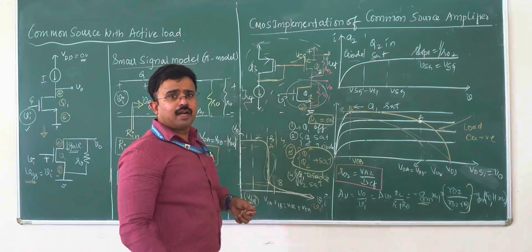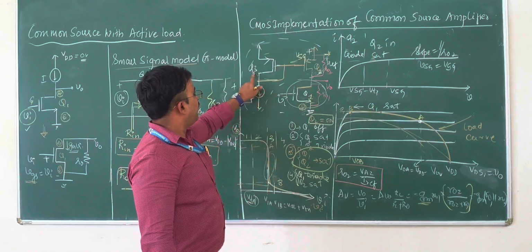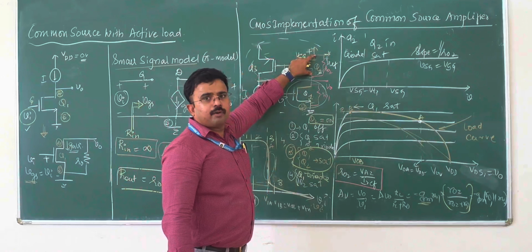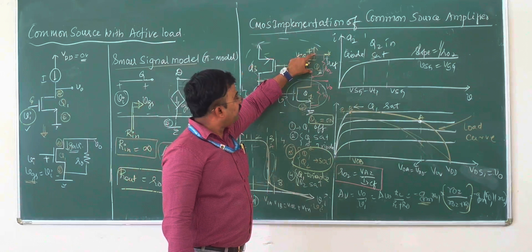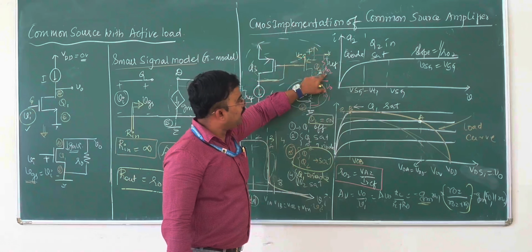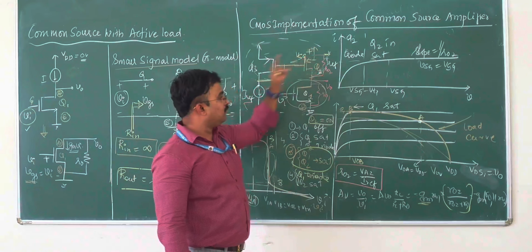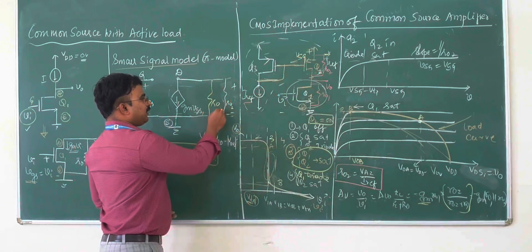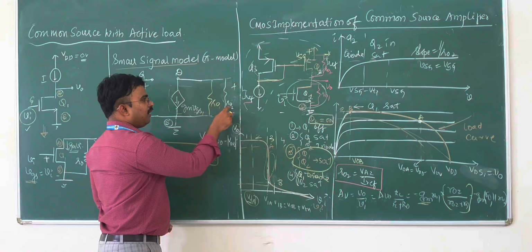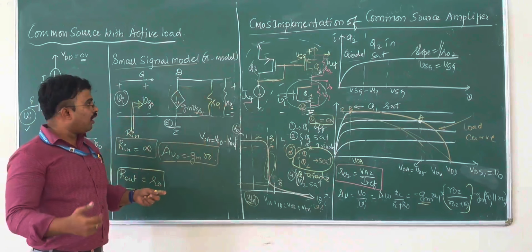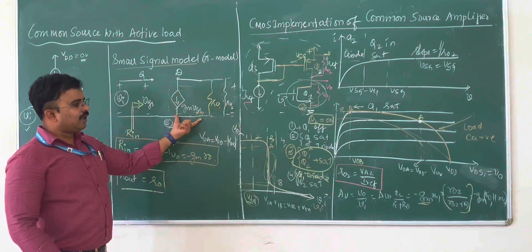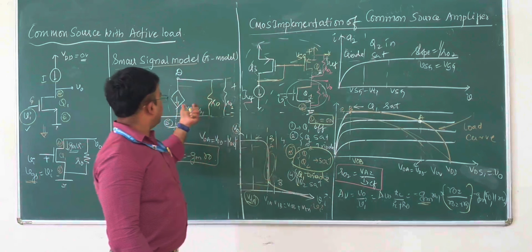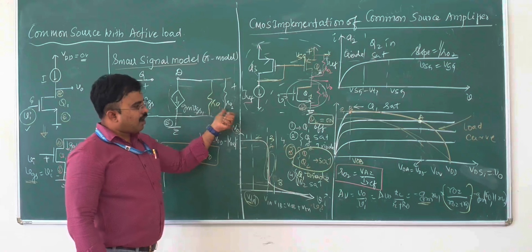From the theory of current mirror, whenever you have the Q3 and Q2 transistors connected to the output, they undergo channel length modulation and have a finite output resistance denoted by R02, and you need to consider that R02 as the load. So the first resistance is denoted by R01, the second by R02, and from this small signal model, I can directly write AV as minus GM R01 parallel R02.